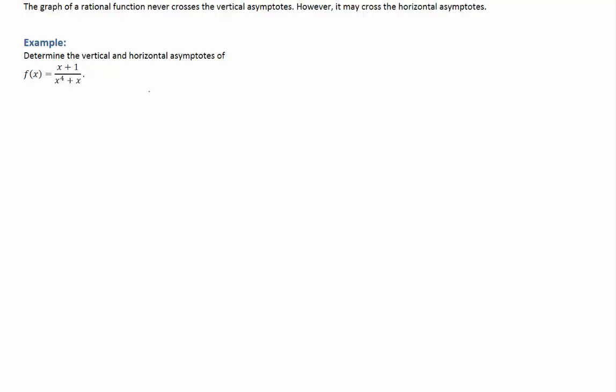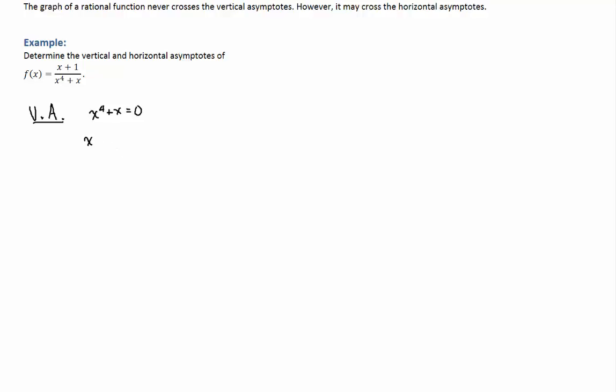All right, so let's look at asymptotes for this particular function. If we want to look at vertical asymptotes, when is the limit of this function not going to be defined, or where is the function discontinuous? Well, that's going to happen whenever the denominator is 0. So let's do x to the 4th plus x equals 0, and let's try to solve.